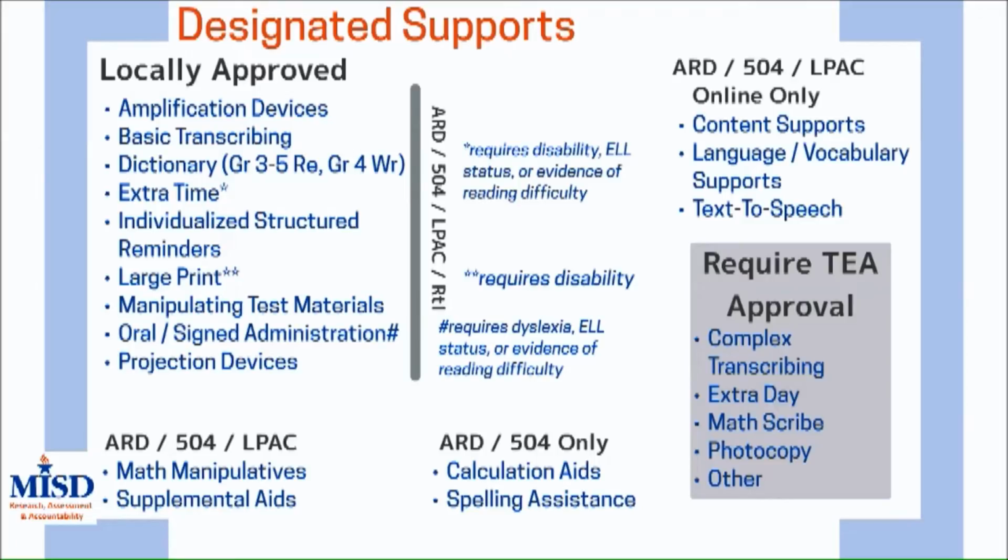The two supports at the bottom center are available only to special ed or 504 students. To the upper right are the three embedded supports available only in the online version of STAAR to special ed, 504, and ELL students. And to the lower right are the five supports that require TEA approval, all of which have their own specific eligibility requirements.